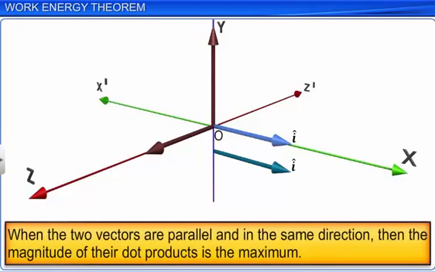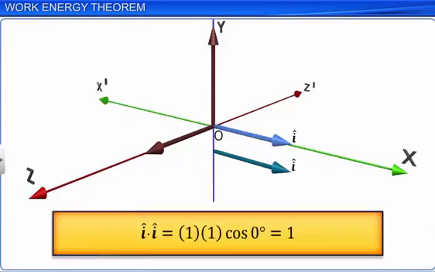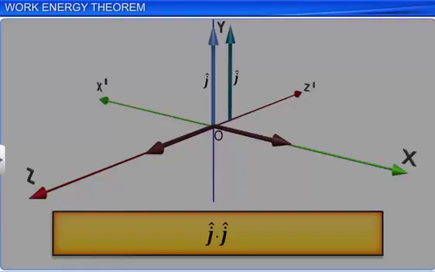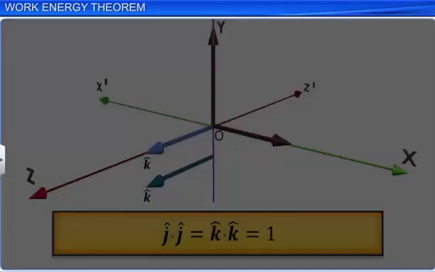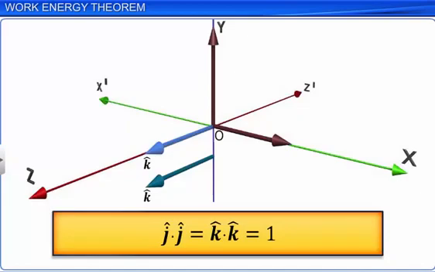Thus, when the two vectors are parallel and in the same direction, then the magnitude of their dot product is maximum, as cos 0 degrees is equal to 1. Thus, we get i dot i equals 1, as shown. Similarly, we get j dot j and k dot k equal to 1 as shown.